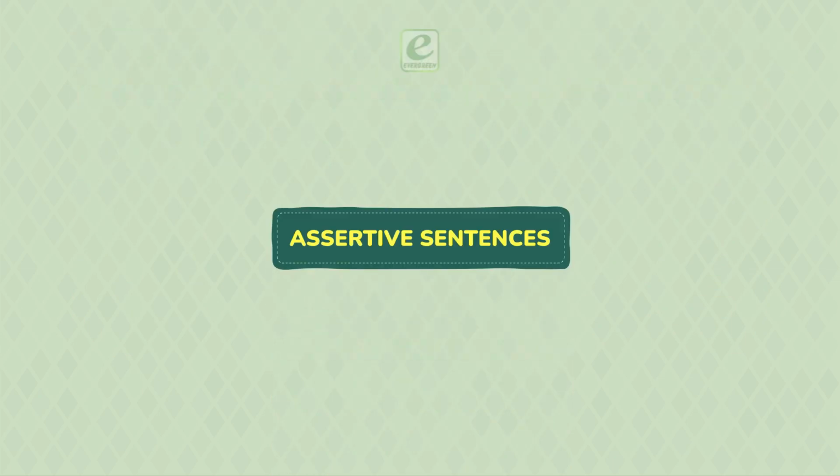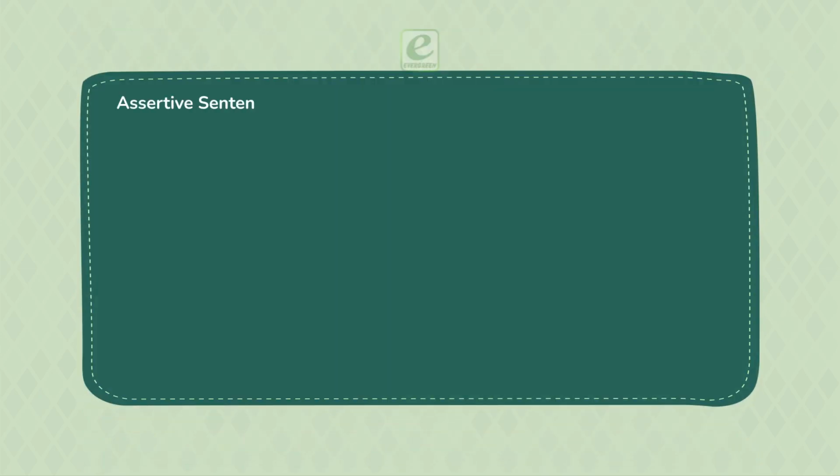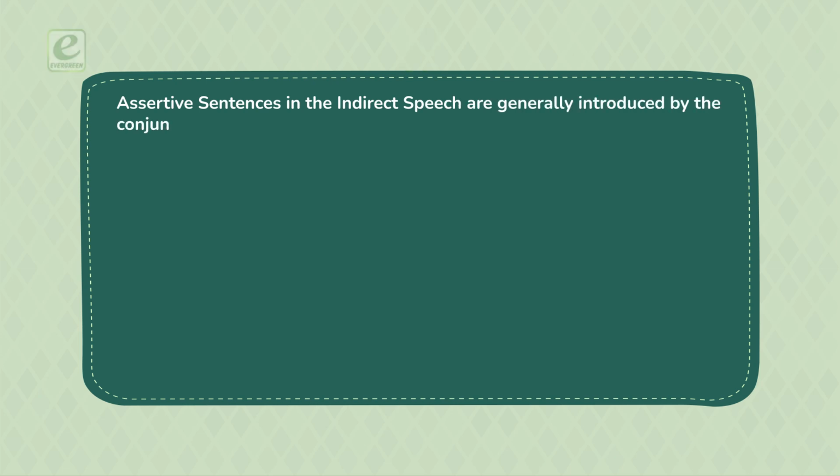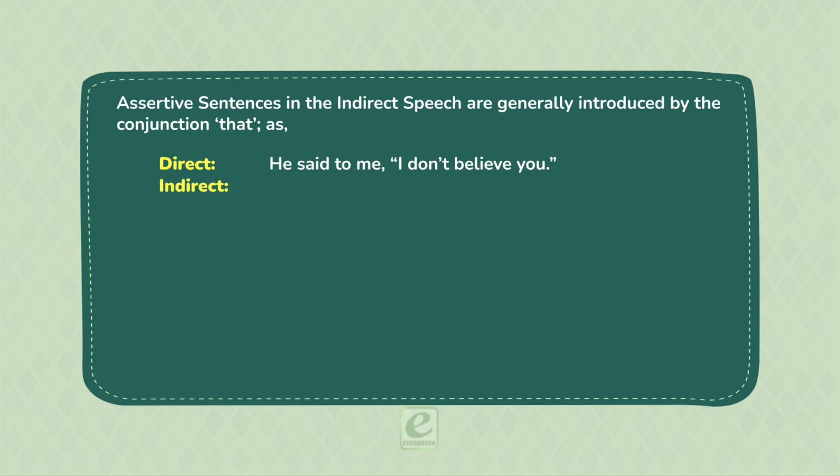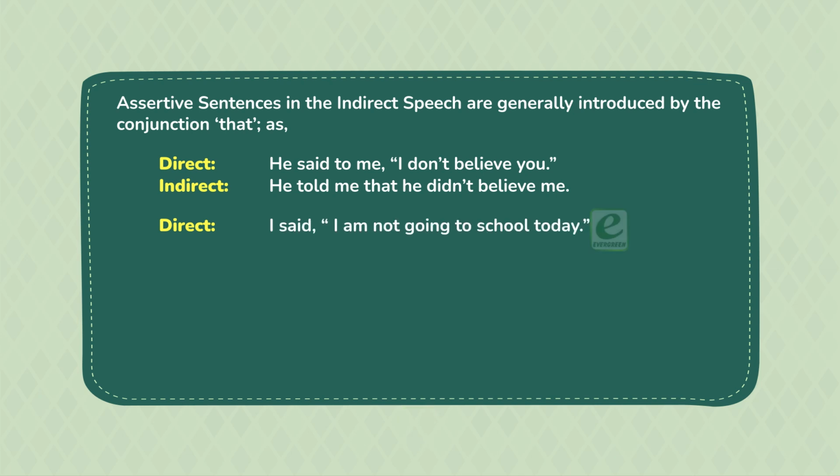Assertive sentences. Assertive sentences in the indirect speech are generally introduced by the conjunction that. Direct: He said to me, "I don't believe you." Indirect: He told me that he didn't believe me. Direct: I said, "I am not going to school today."